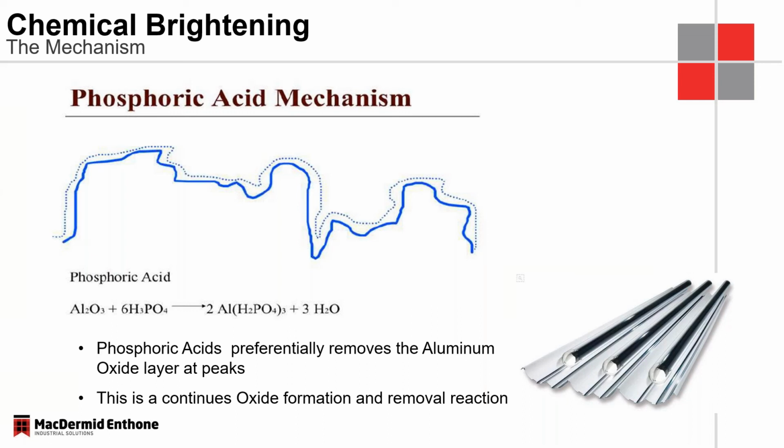The troughs and little recesses are more protected because the agitation around those areas is less. The oxide film is not removed as quickly as from the peak areas, so we have more attack on the peaks of this profile. Over time, the peaks are removed at a higher rate than the surface in those troughs or recesses, and this smoothens out the surface.